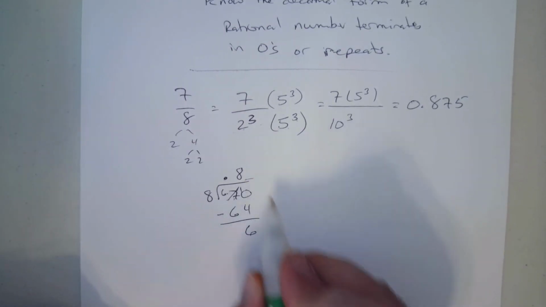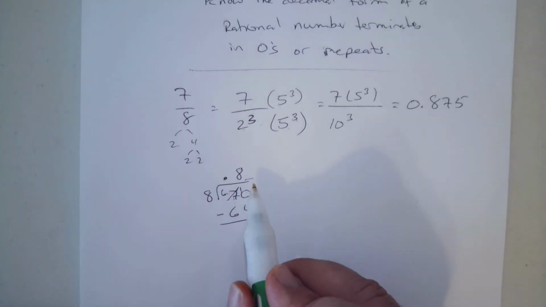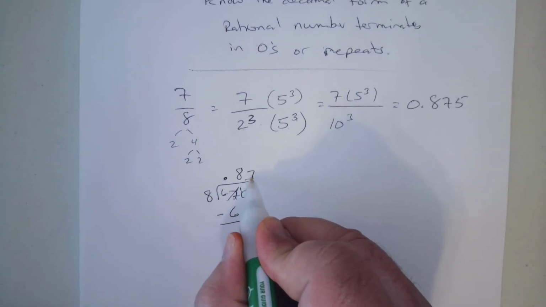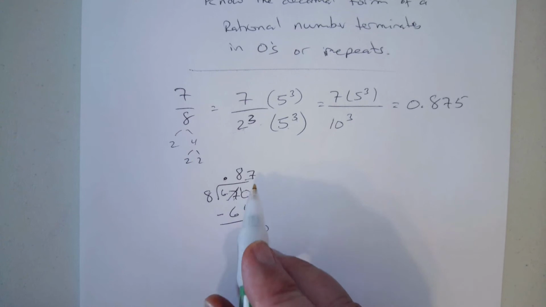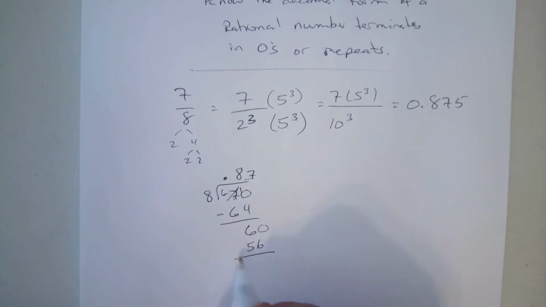Now for every number we're looking at here there is going to be another 0. So 8 goes into 60. Well, 8 times 8 is 64, so it has to be 7. 8 times 7 is 56. Subtract those, we get 4.